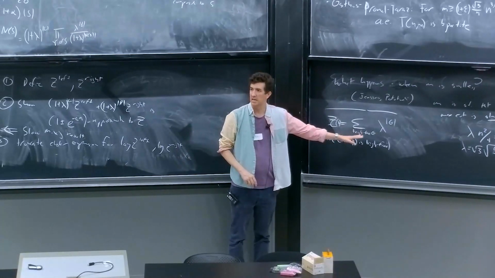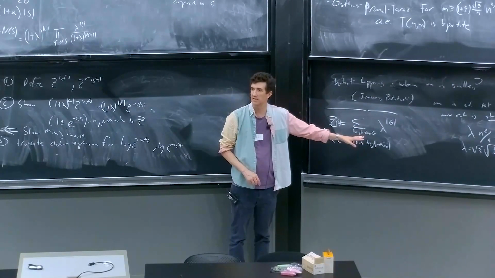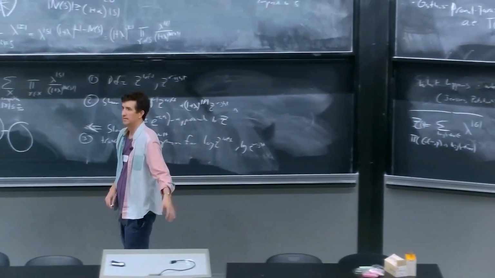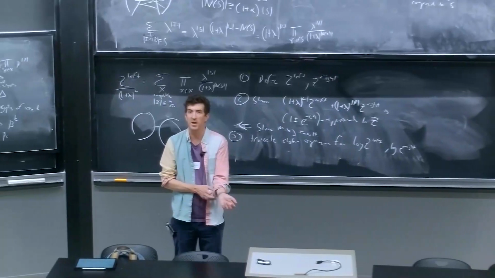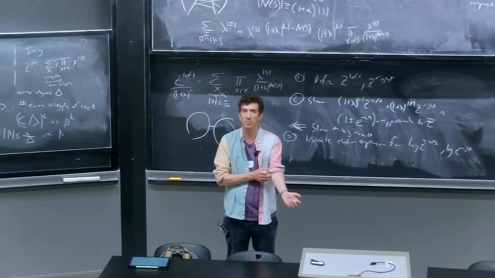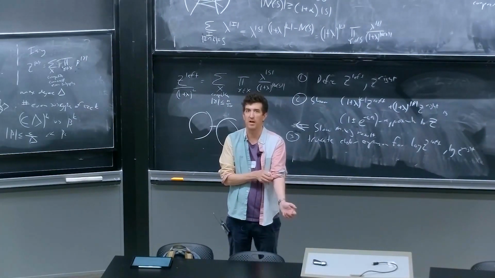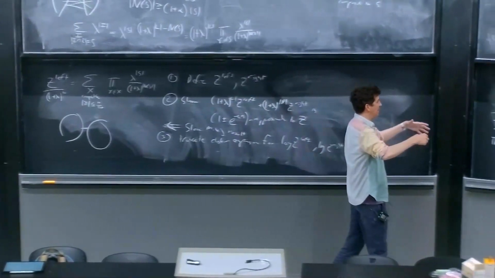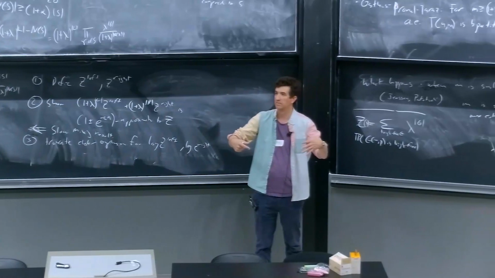Okay, so this is a nice object. Does anyone know what the relation to the independence polynomial is here? So it actually is an independence polynomial. It's the independence polynomial of a 3-uniform hypergraph. The vertices of the hypergraph are edges of the complete graph.